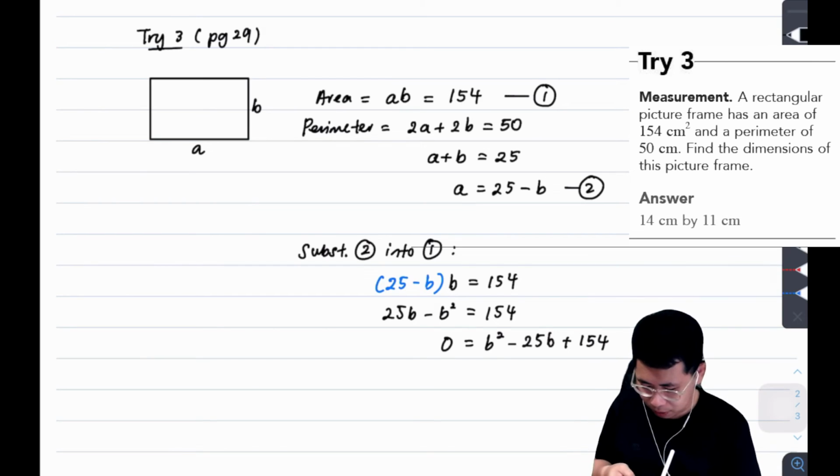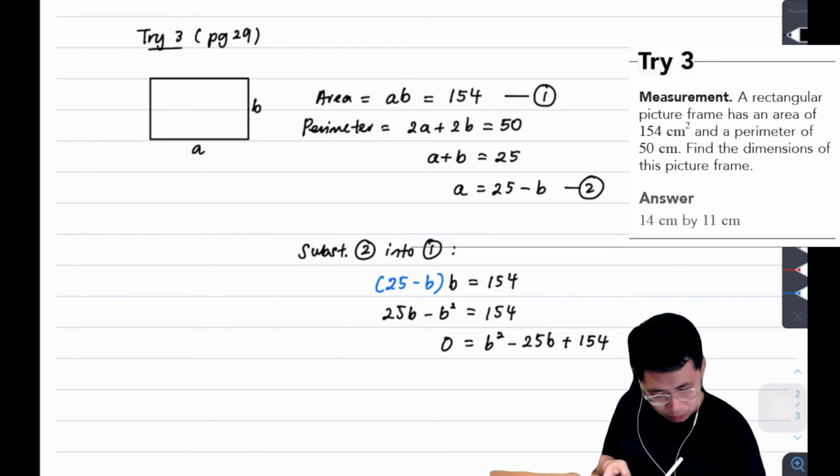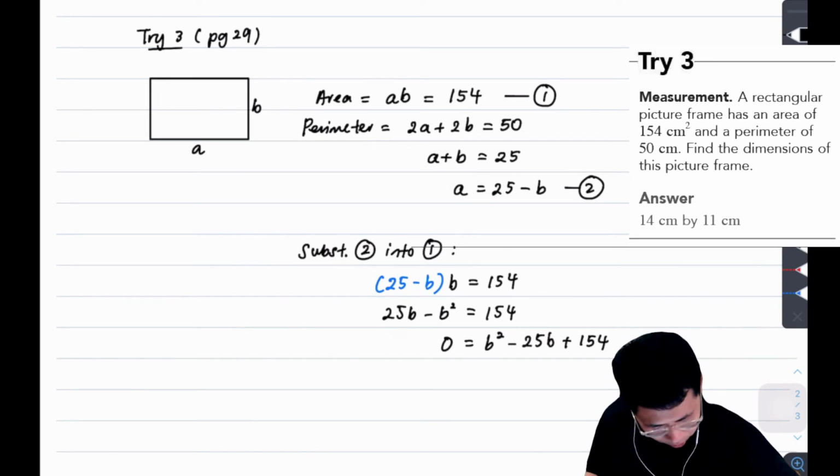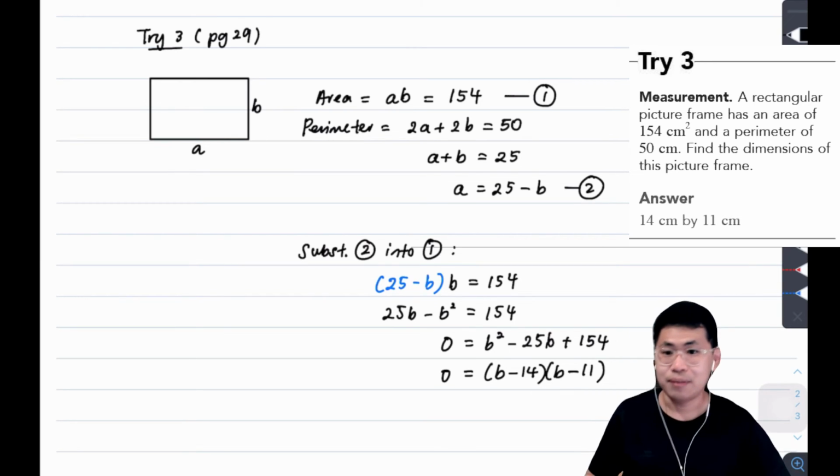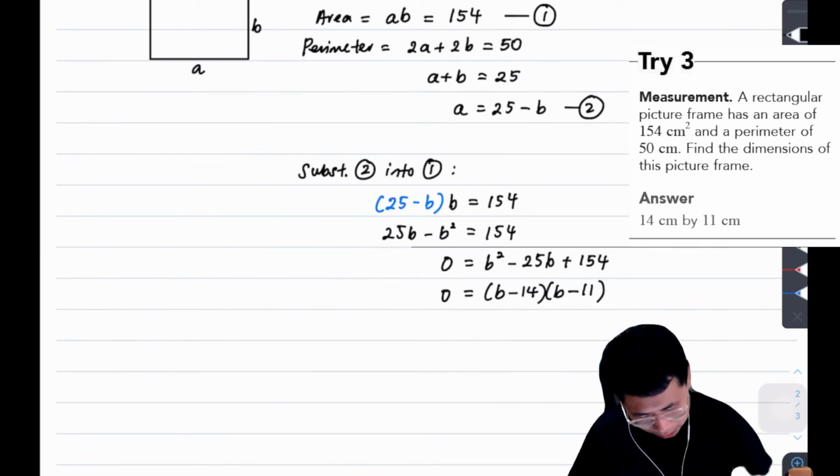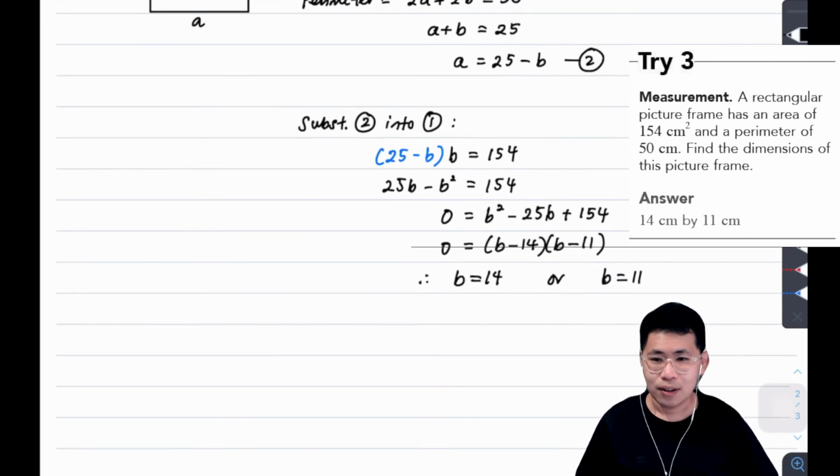Let me quickly check with my calculator and see what kind of solutions I am going to get. Okay, 14. So it means it is factorizable. So this would be B minus 14, B minus 11. Therefore B equals 14 or B equals 11.